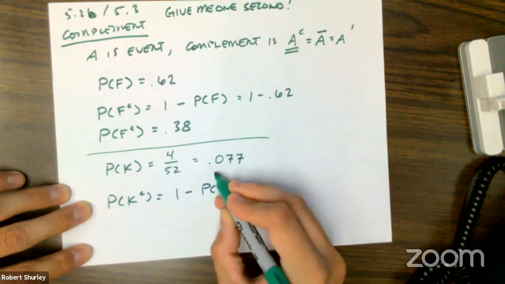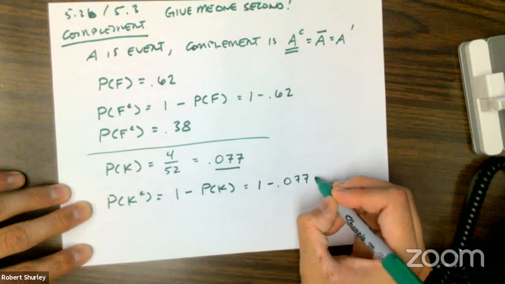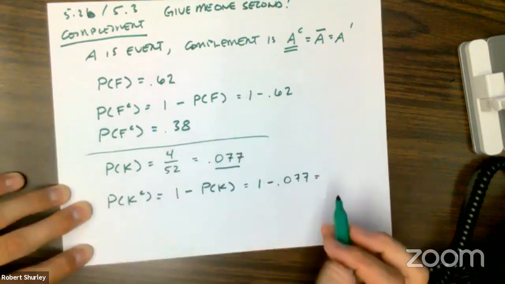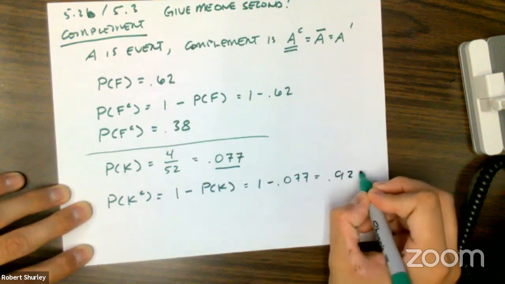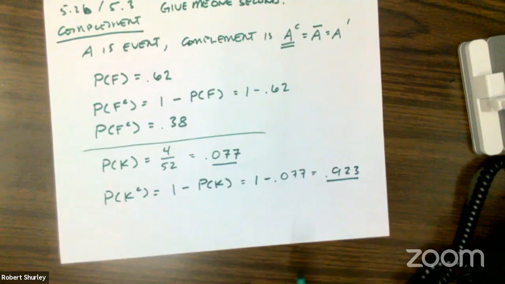I'm going to keep it in decimal, so it's 1 minus 0.077, and we end up with 0.923. Much higher chance of drawing something that's not a king if we had a deck of cards.